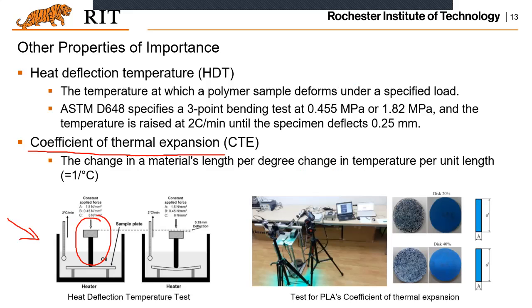For example, if you look at this, the dimension of the original part will change if the temperature is changed, and this dimension change will be recorded as the coefficient of thermal expansion.